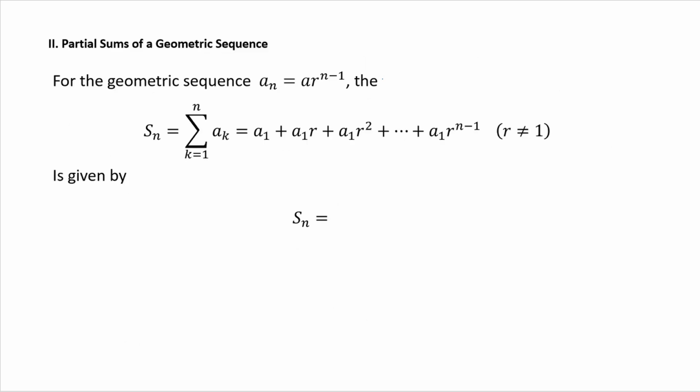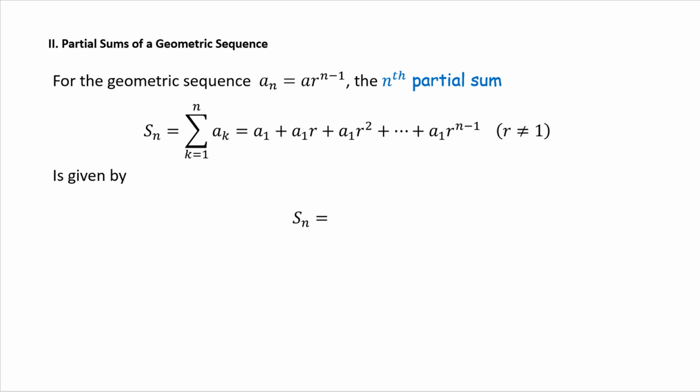Roman numeral 2. Partial sums of a geometric sequence. For the geometric sequence a sub n equals a times r to the power of the quantity n minus 1, the nth partial sum, S sub n, equals the sum as k goes from 1 to n of a sub k, equals a sub 1 plus a sub 1 times r plus a sub 1 times r squared plus dot dot dot plus a sub 1 times r to the n minus 1.